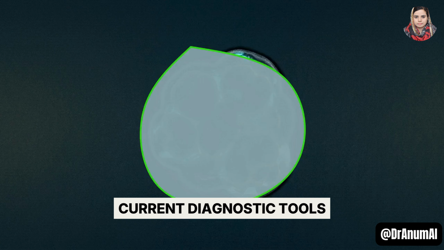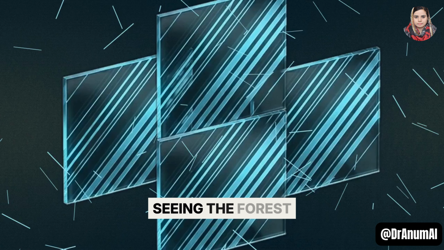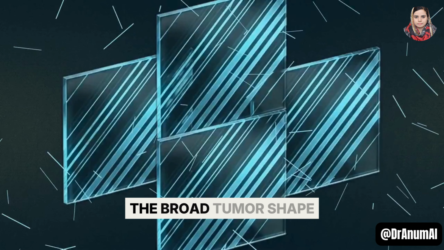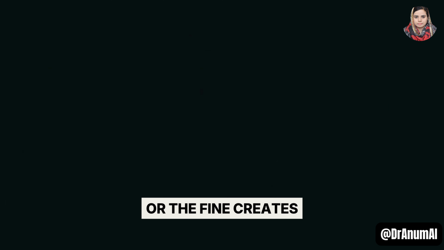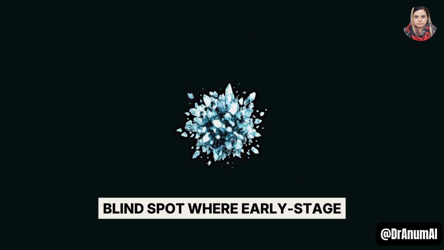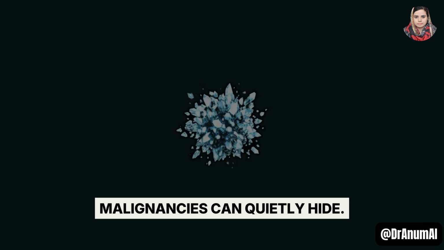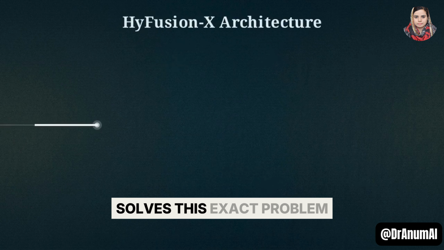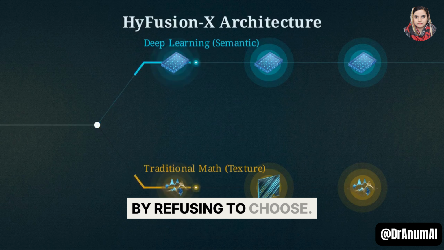Current diagnostic tools force a choice between seeing the forest or seeing the trees. A model either maps the broad tumor shape or the fine internal texture, creating an analytical blind spot where early-stage malignancies can quietly hide. A novel framework called HyFusion-X solves this exact problem by refusing to choose.